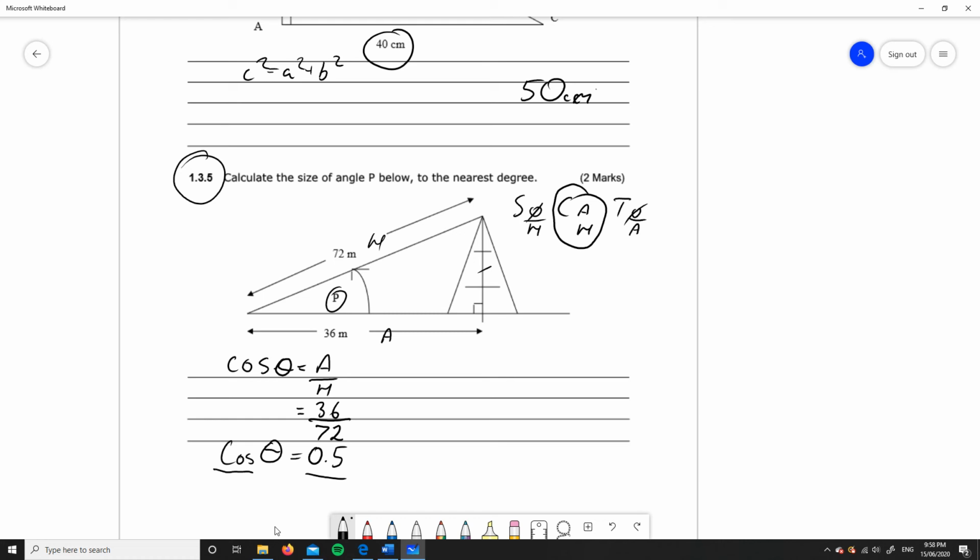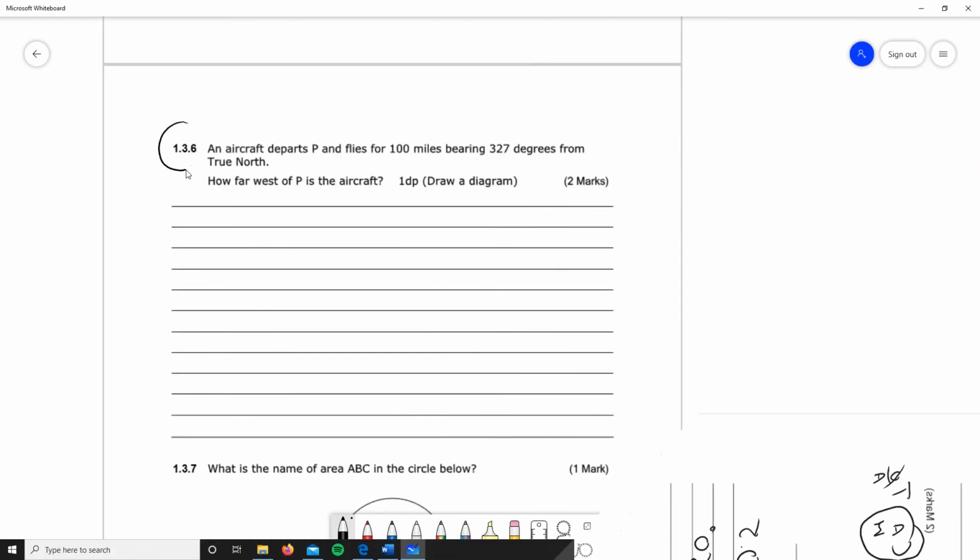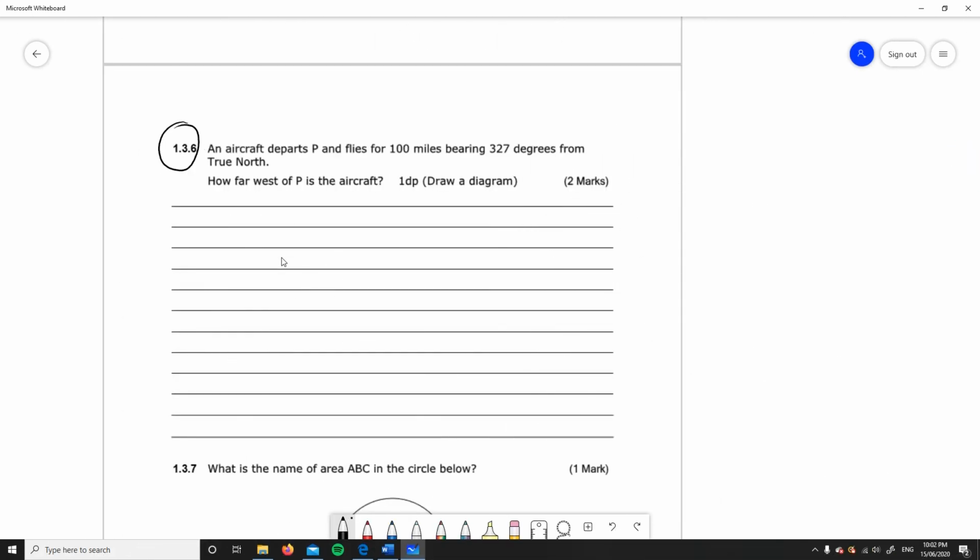That is going to give me 60 degrees. So cos 60 equals 0.5. Okay, so therefore theta equals 60 degrees.